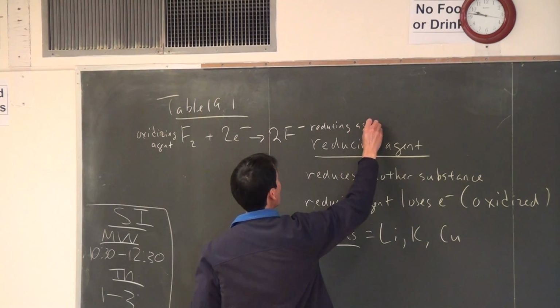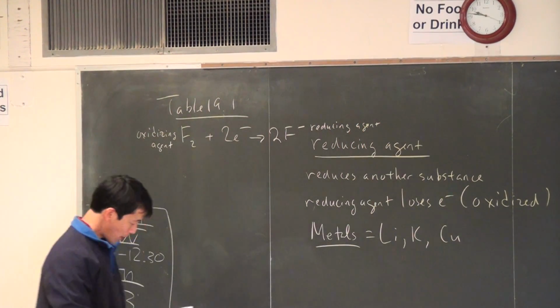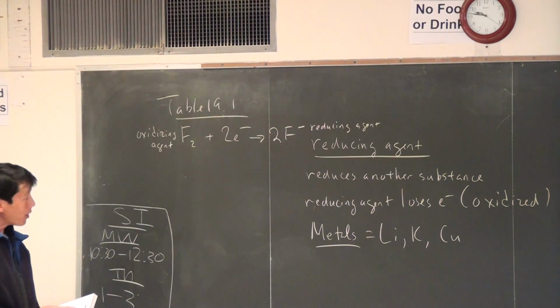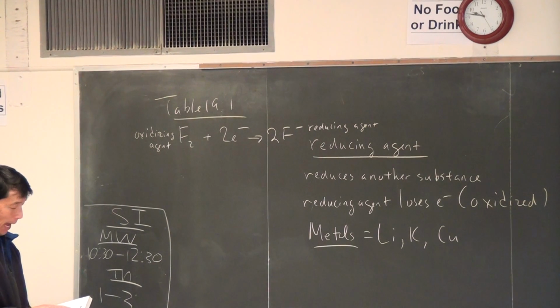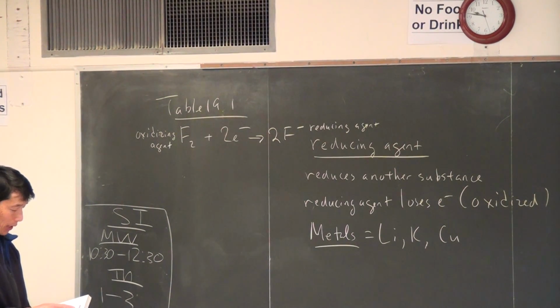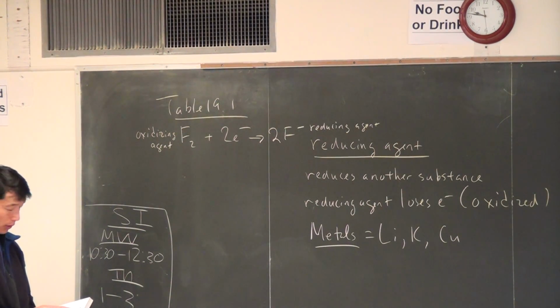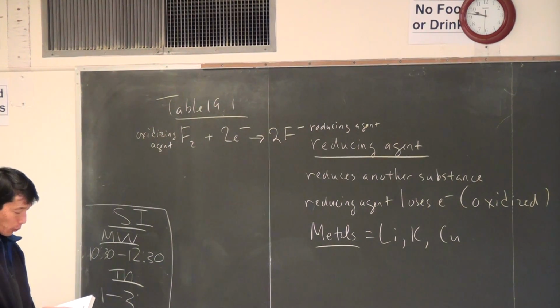And on table 19.1, it shows that as you go down the list of reactants, fluorine is the best oxidizing agent, O3 or ozone is the second best, and so on. So hydrogen peroxide is actually the fourth best one on this list.